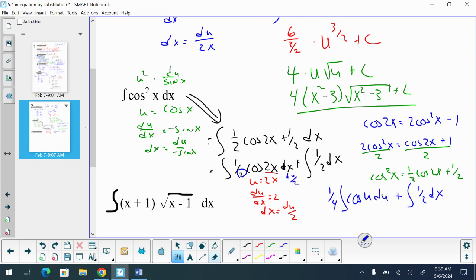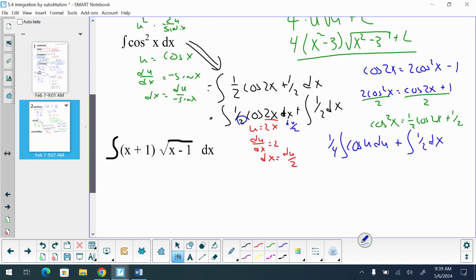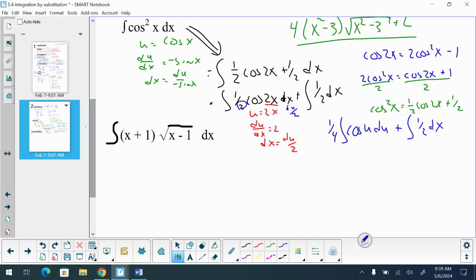With du over 2, I can combine the 2's on the bottom to give me 1/4. Once again, I'm not going to give you a problem like this, but this is just it. The more that you can get involved with the problems.